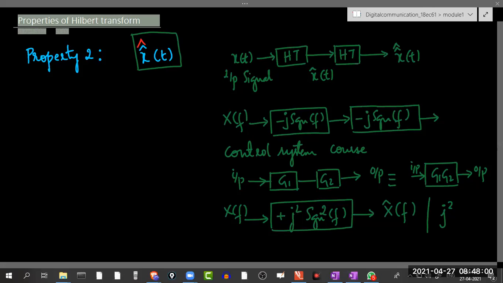The value of j square is -1, because j is the imaginary number used to denote the square root of -1. So if I square it, I'll have -1. So let me substitute that -1 over here, giving a negative signum square of f.